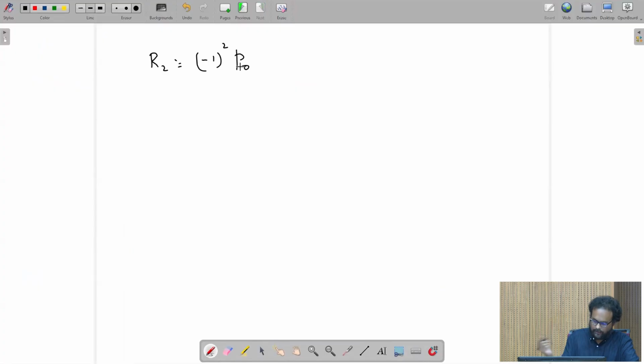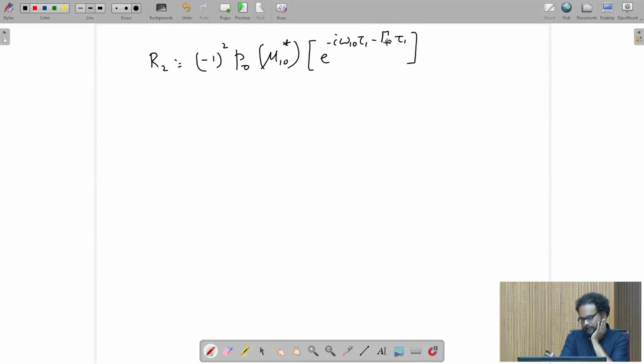Probability, you're going to come from the bra direction with the first interaction, so that will be mu 1 0 prime, your first dipole. Then the evolution along the direction of tau 1, that will be e power minus i omega 1 0 tau 1 minus gamma 1 0 tau 1. Gamma is the damping term, omega 1 0 is because with the first interaction you're creating a 0 1 coherence.